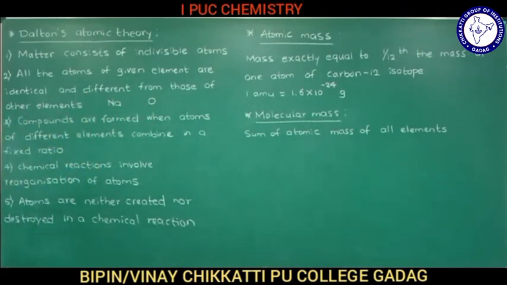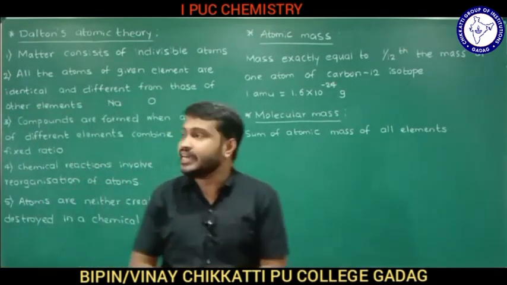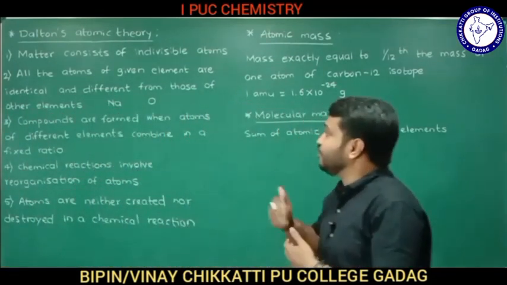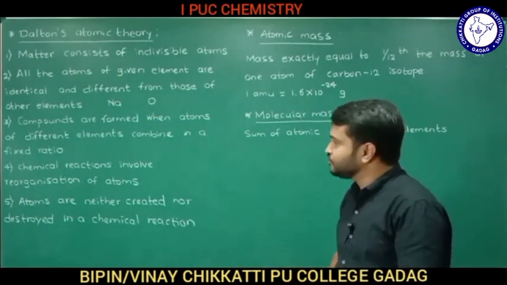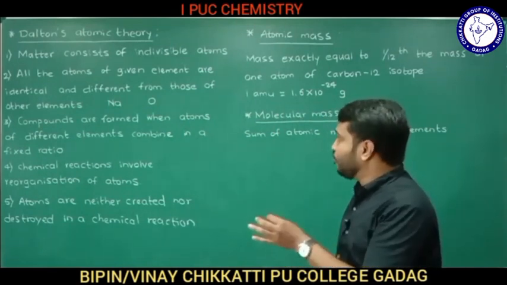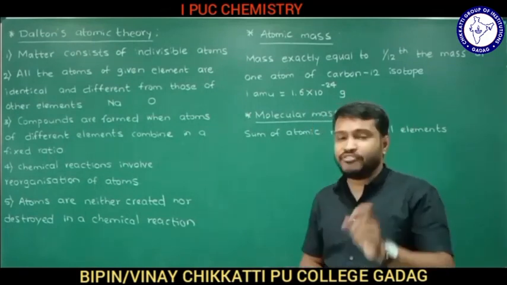That's why the second postulate says all atoms of a given element are identical and different from those of other elements. Next, compounds are formed when atoms of different elements combine in a fixed ratio.